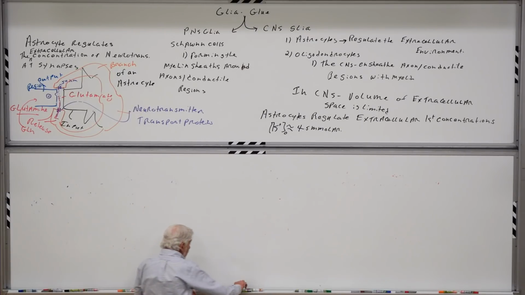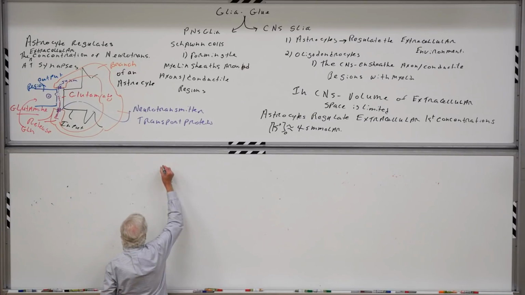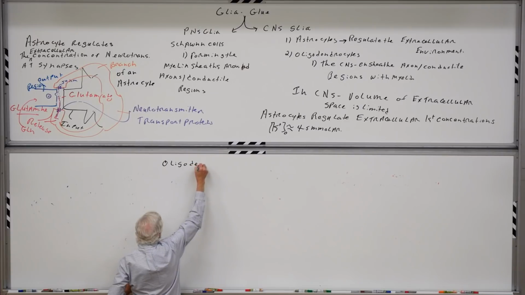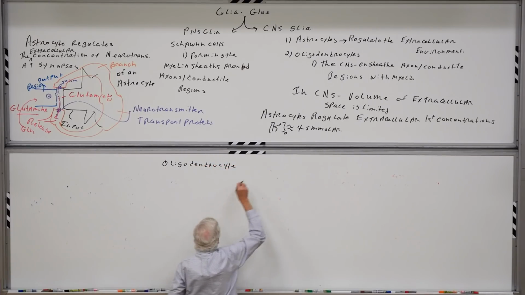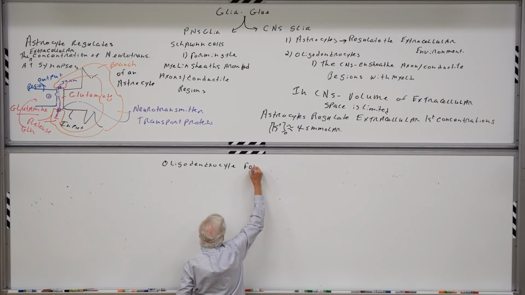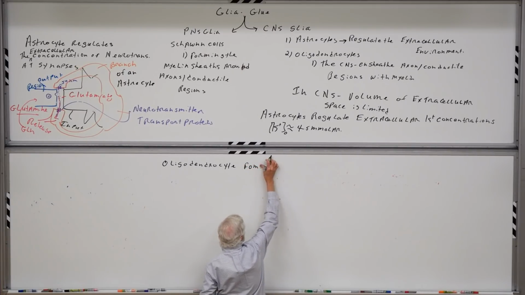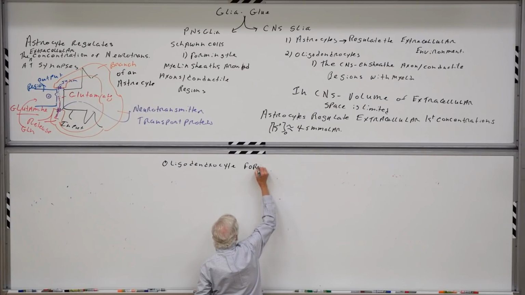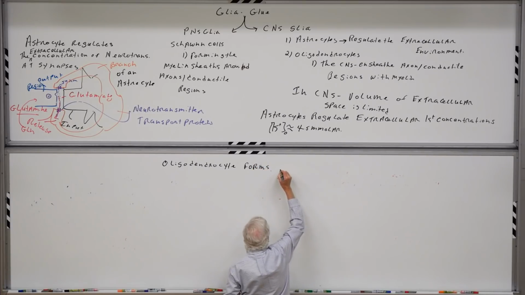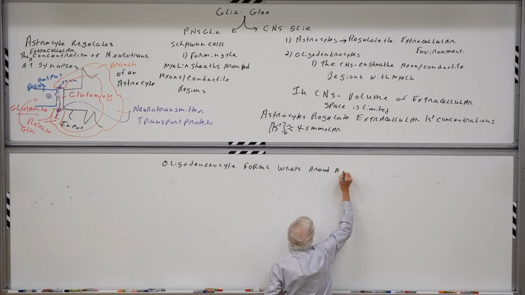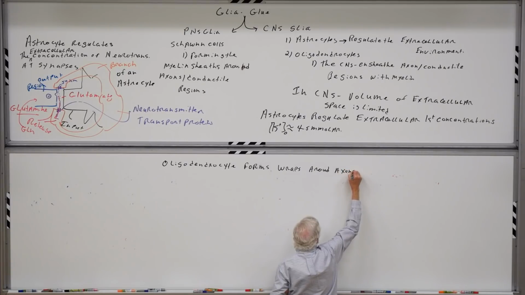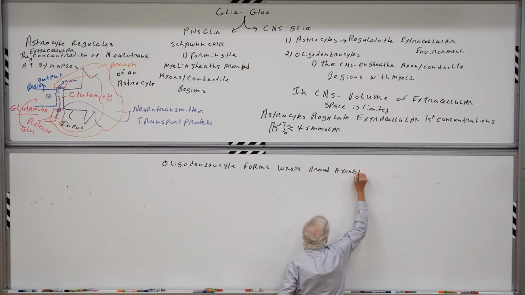We'll spell this out to say the oligodendrocyte forms wraps around axons, which you can also read as conductor regions.